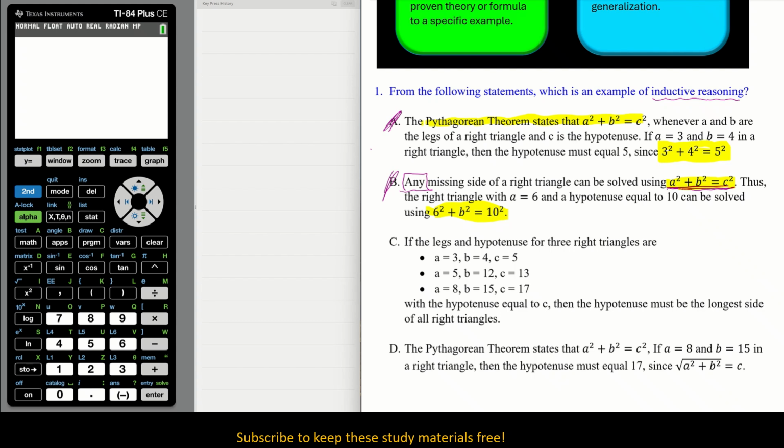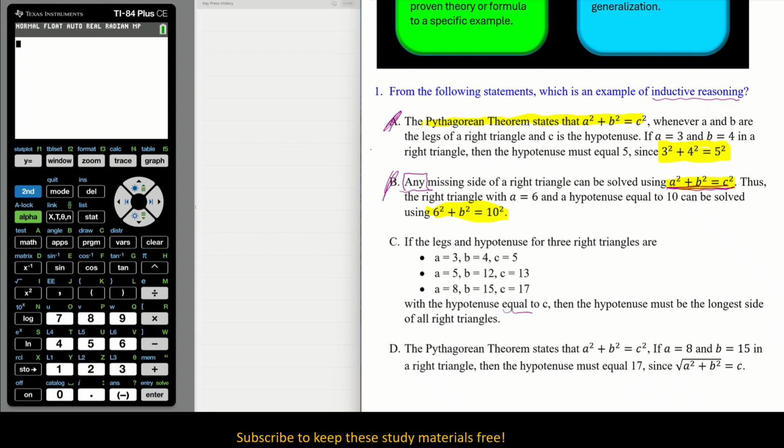Let's look at C then. C says if the legs and hypotenuse for three right triangles are, and then they give you some examples of numbers. These are all examples. There's no formula here. They're just giving examples of the legs, starting with examples, with the hypotenuse equal to c.